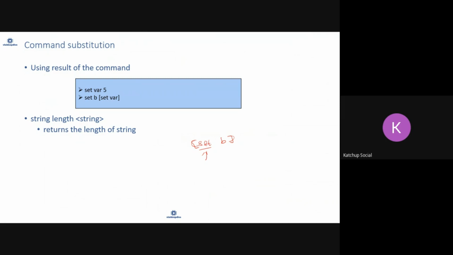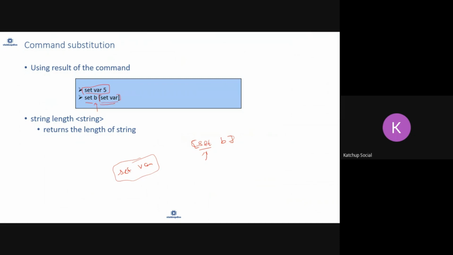For example, as I said, set with a variable name without any value will return the value of that variable. Now, let's say I want to give that value of the variable to something else. So let's say I set var to 5, then set b, and set var will return the value of var, and I want to set it to b.